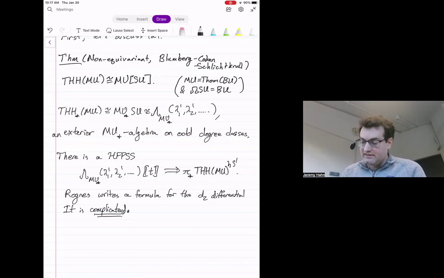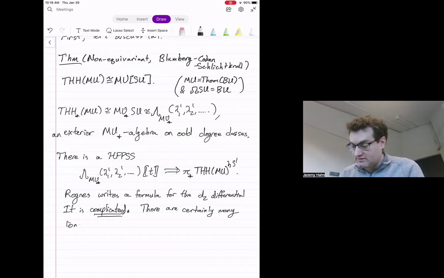Even when you understand this d2 differential, there are certainly many longer differentials in this homotopy fixed point spectral sequence.